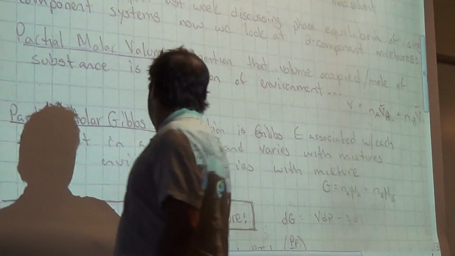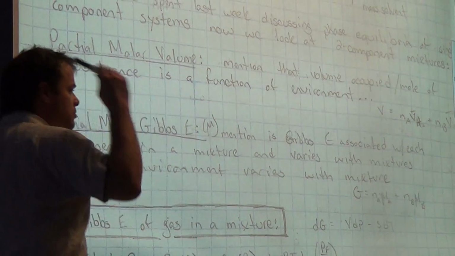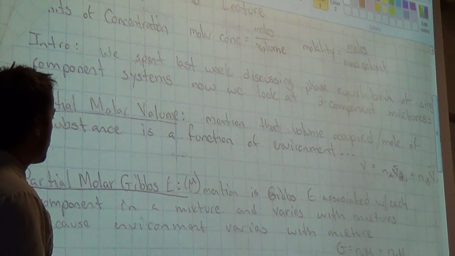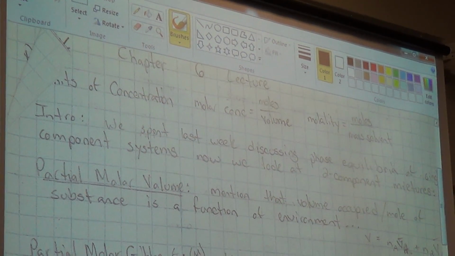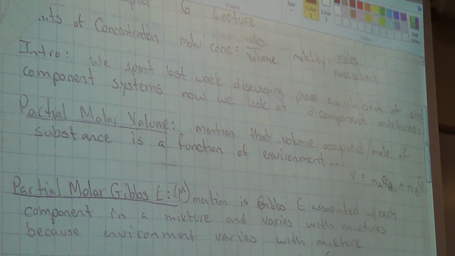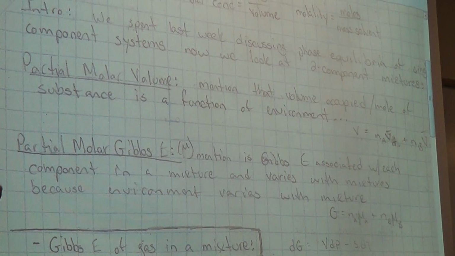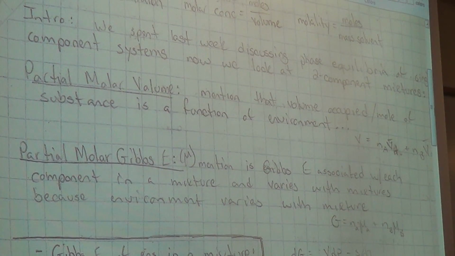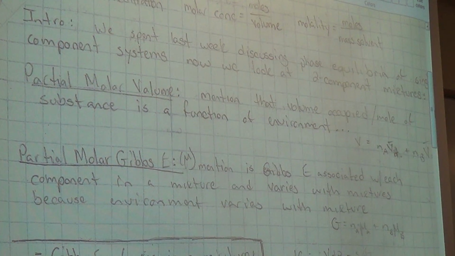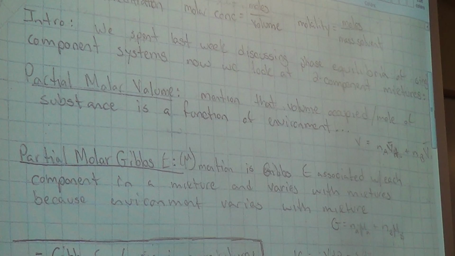We introduced this concept, I called it mu last week in lecture, maybe the week before, and this is just the Gibbs free energy per mole of a component in a solution. And this is going to behave in a way that's very similar to the molar volume, in that the Gibbs free energy of a component is going to depend on the exact environment that that component's in.